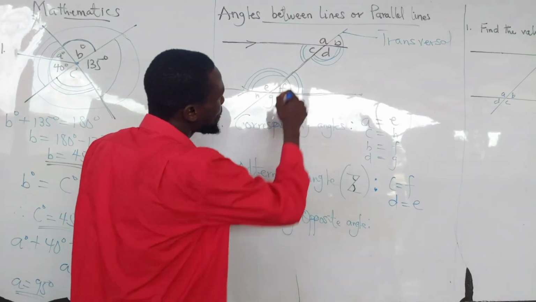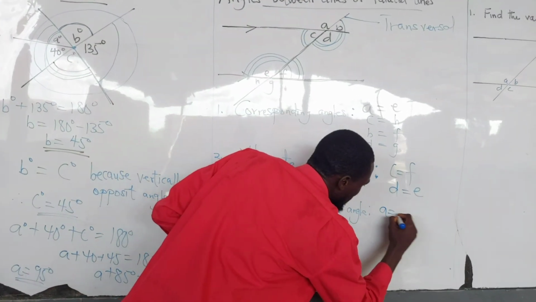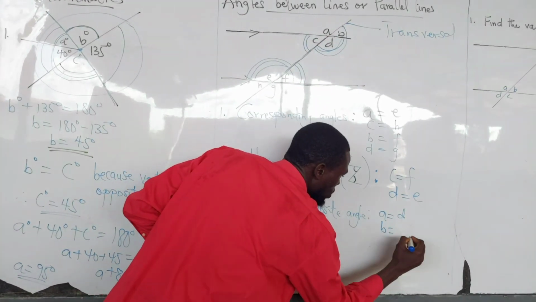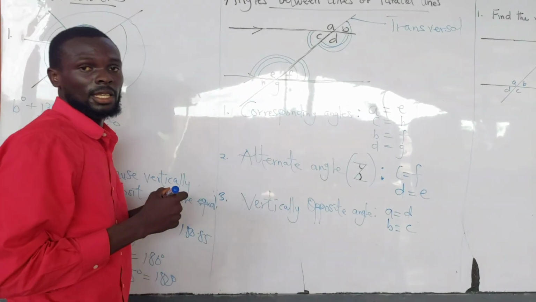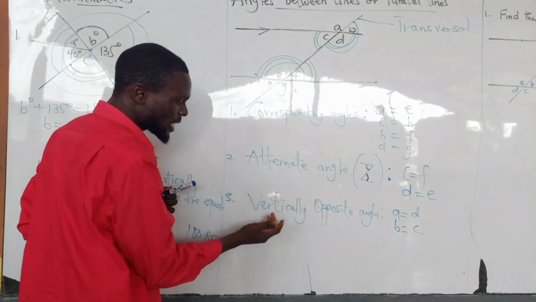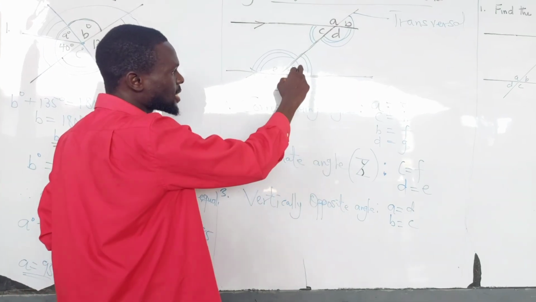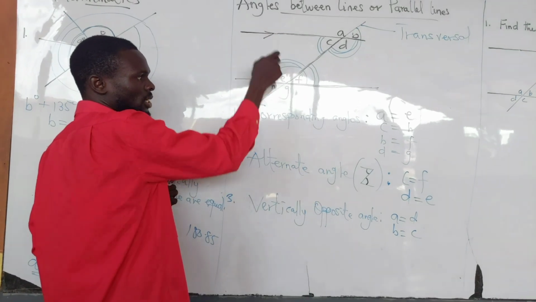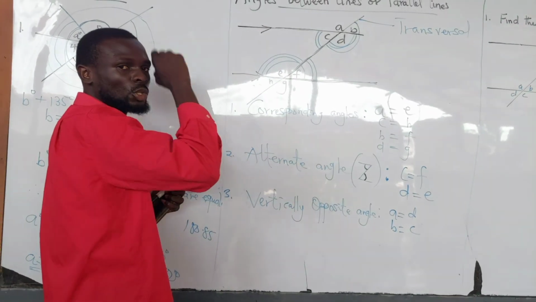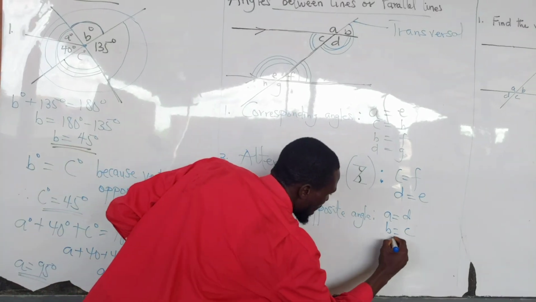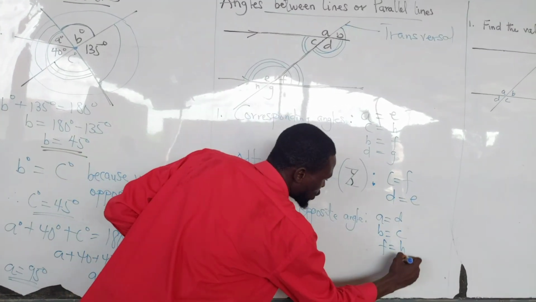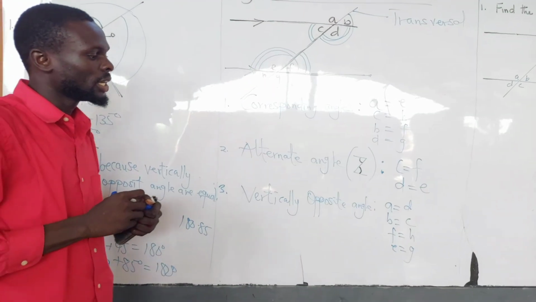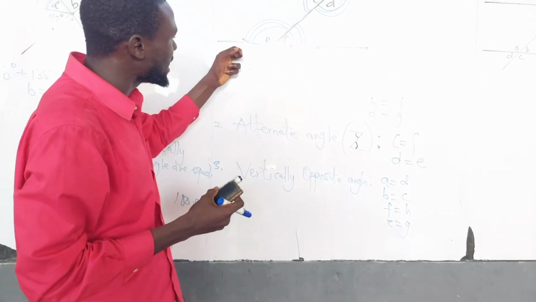So we can say A is equal to D and C is also equal to B. Then when you come here too, with the same vertically opposite angles, you can see that F is opposite to this, and E and G are at opposite sides. So we can say F is equal to H, and E is also equal to G, because they are vertically opposite.